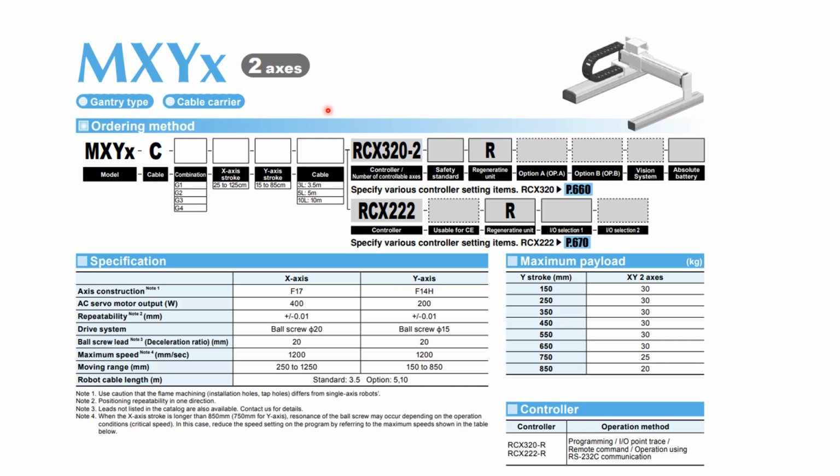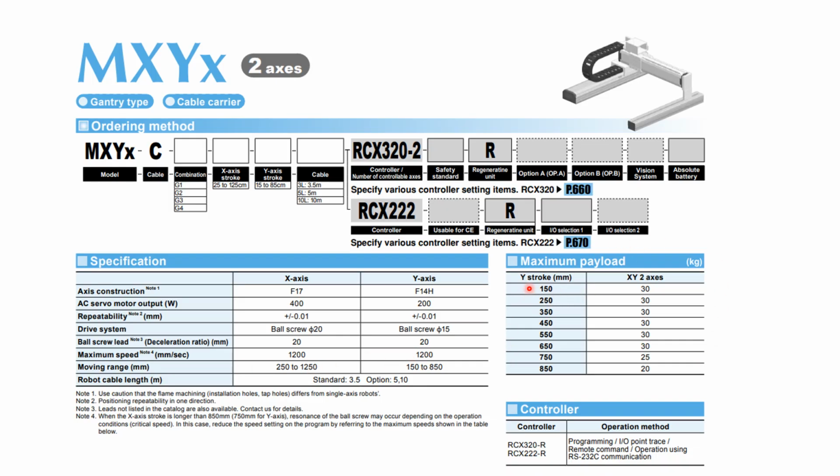Another example, let's say this is a two axis system. Here you can see the descriptions, the axis construction, and the motor, which is servo driven. Then the repeatability, as we were discussing; again here the repeatability for x and y, since it has two axes, is given for both axes. Then the maximum speed is again given for both axes, along with the ranges, and here you can see the payload.